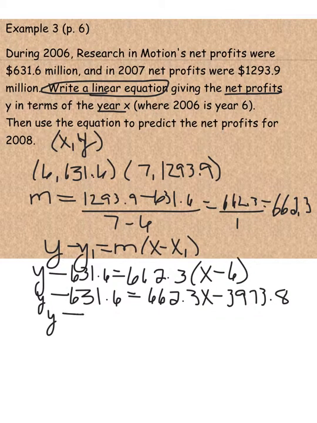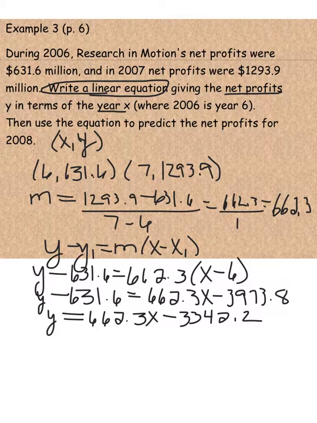And our equation of our line will be y equals 662.3x minus 3342.2. So that answers the first part of the problem here. That's our equation of our line representing our profits.